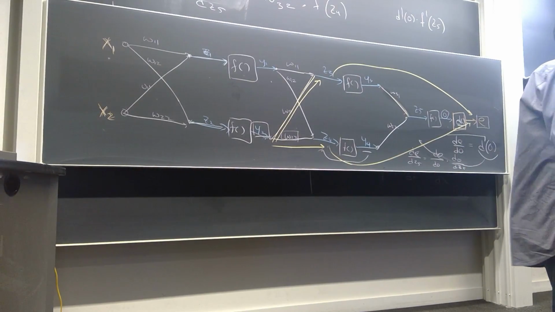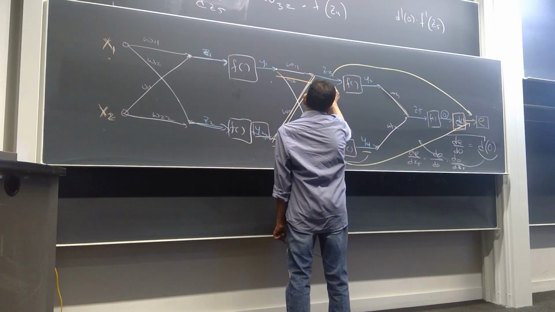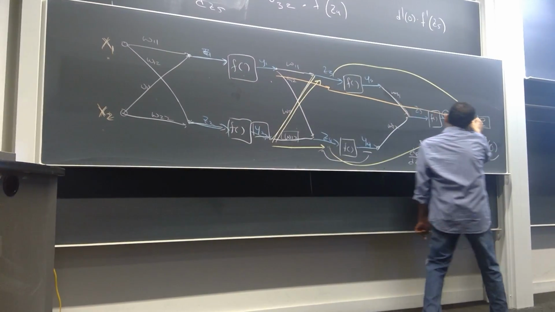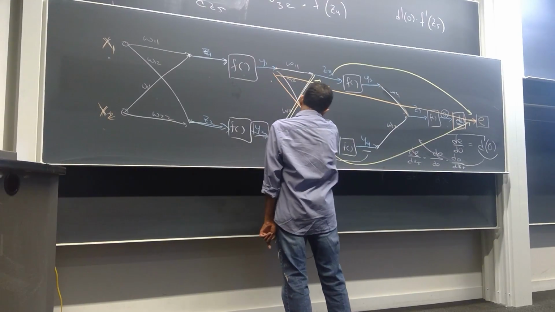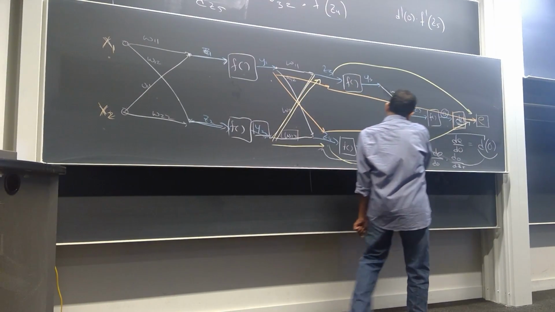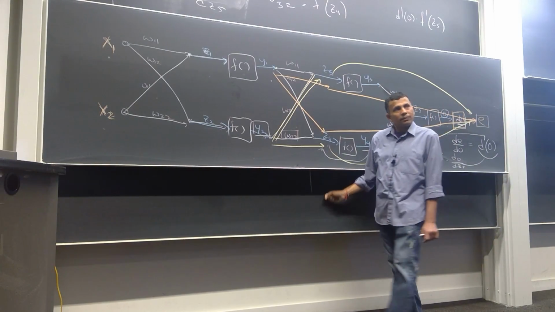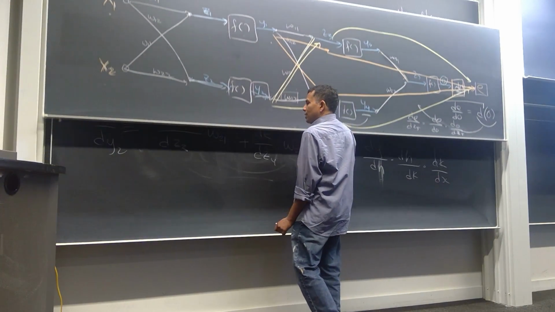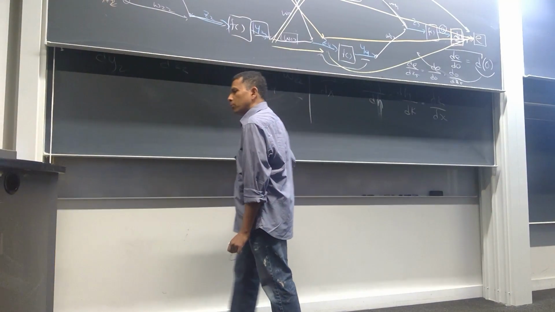There are two of them. This goes here, and that connects to E, right? And this goes here, and that connects to E. Correct? And so the corresponding derivative over there has got to sum over both components.